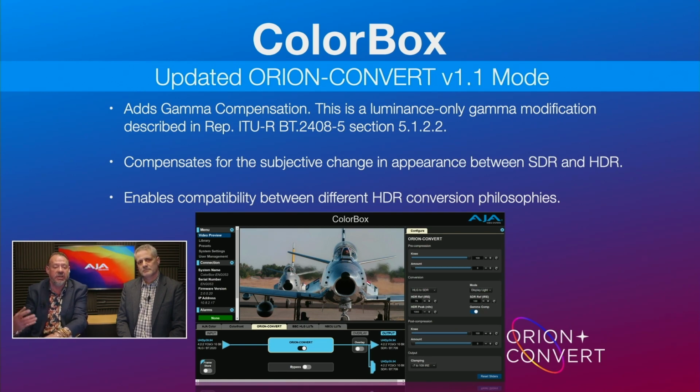Compensation for subjective changes as you go between SDR and HDR. So that's the ability to get literally better looking SDR. So I think that's a whole move for the industry anyway. So for folks that are still stuck with SDR sets, you're getting better looking standard definition because of the way items are being transformed from the HDR space.